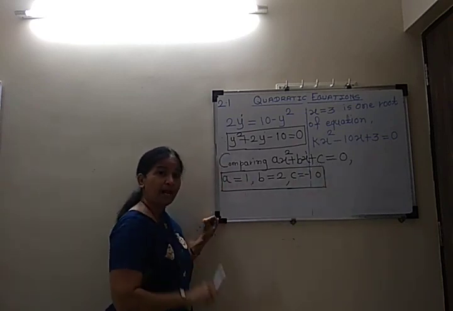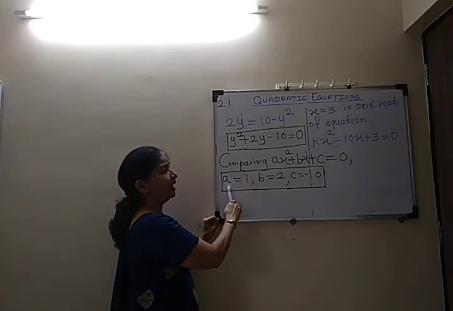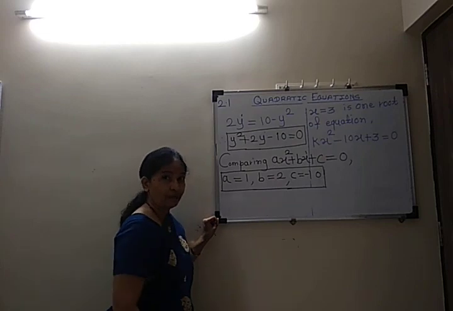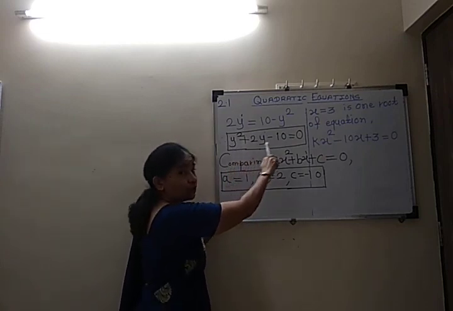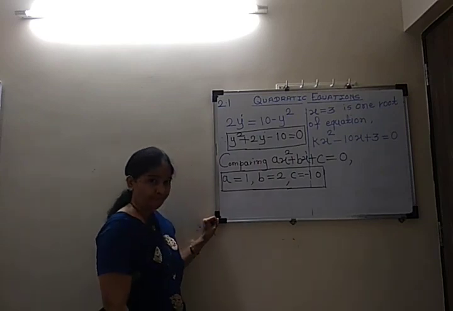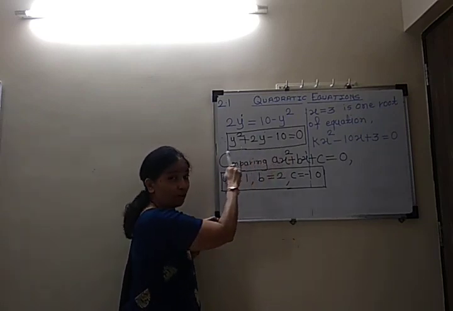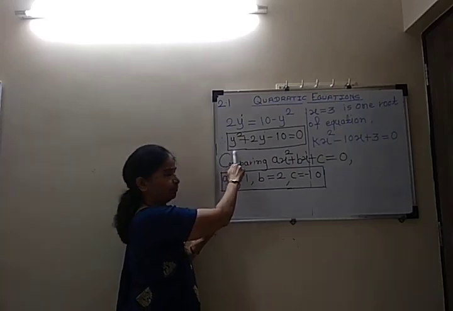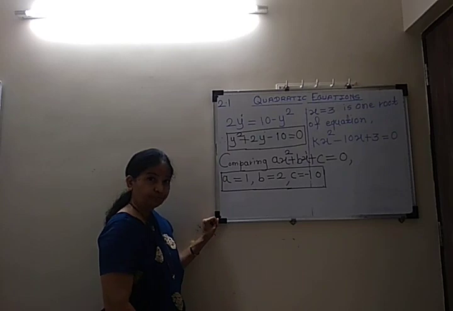Means, if in the exam they ask us to find the value of a, b, c, at first write it in the standard form, that is ax square plus bx plus c is equal to 0.